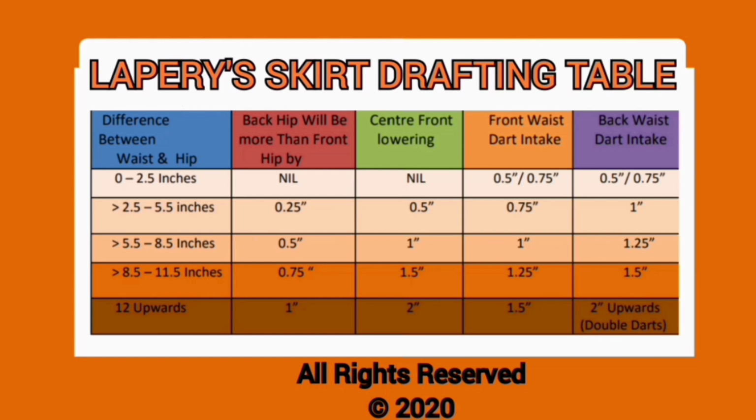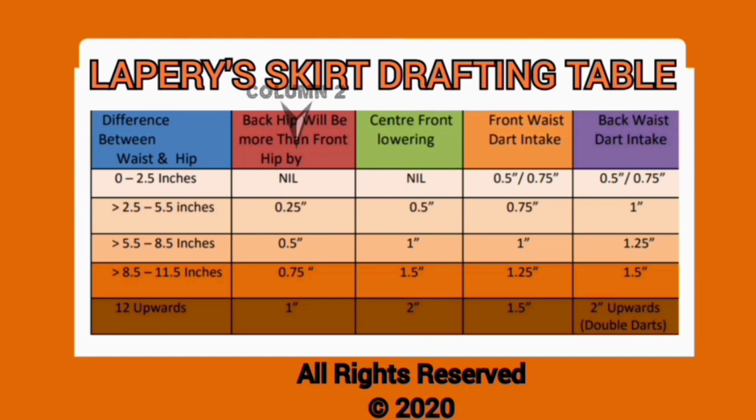In the second column, we have back hip will be more than front hip by. So this second column guides us in knowing how to divide our skirt pattern such that we make enough room and allowance for the back hip measurement.